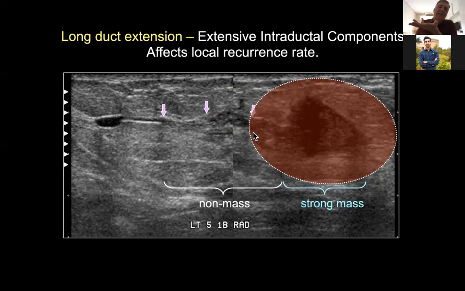That means there's an 84% chance that this positive margin could be missed. And in that case, the patient gets recurrent cancer 18 months later, really not recurrent, but unrecognized, untreated disease that would come back or become clinically evident 18 months later.